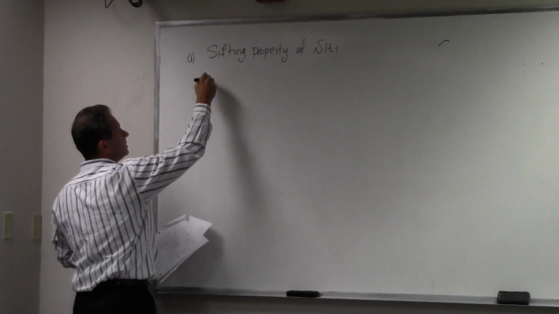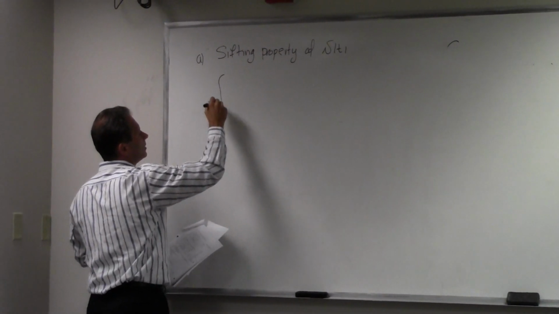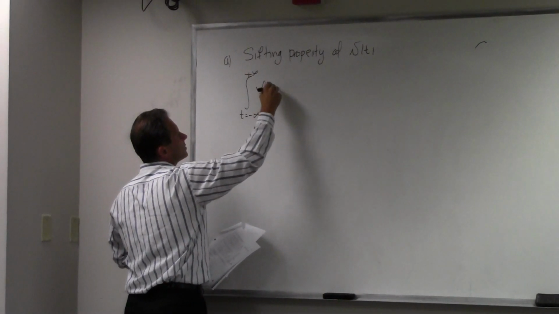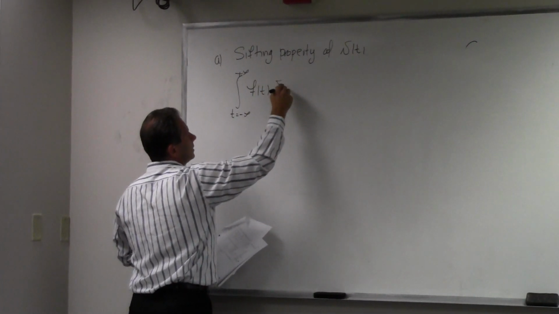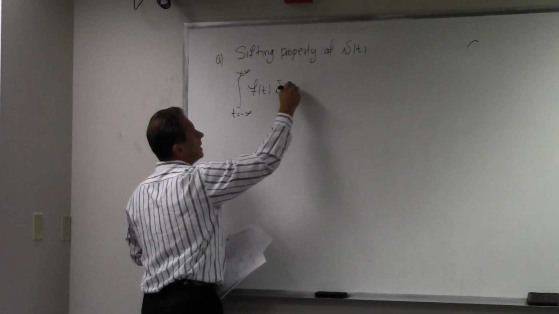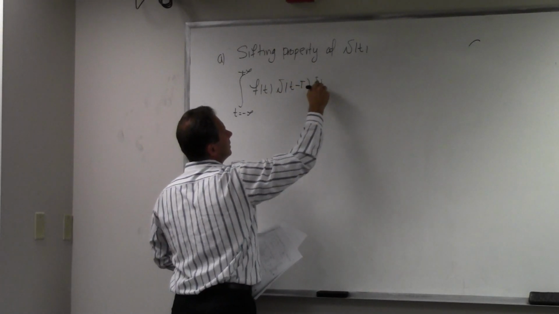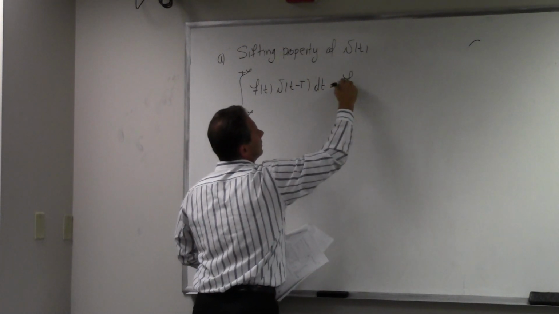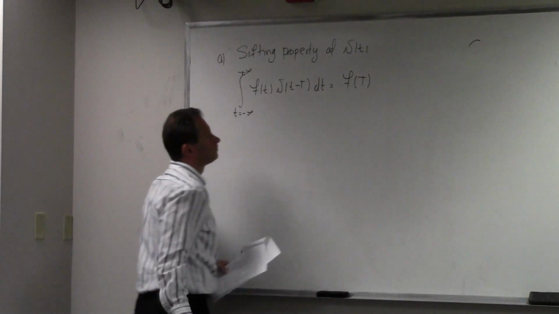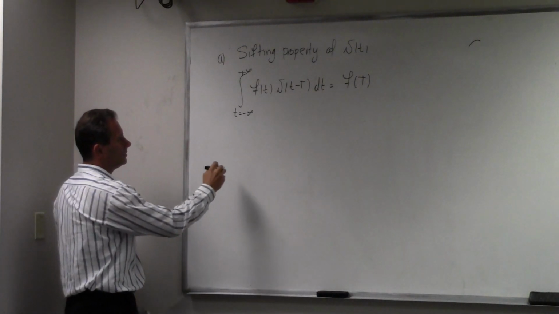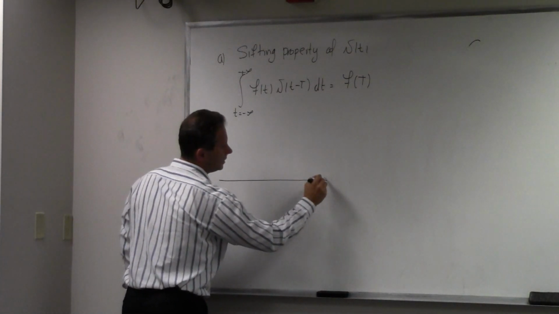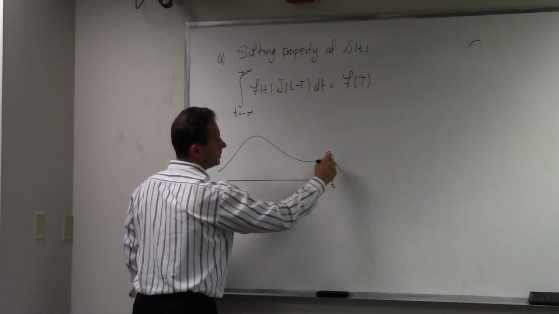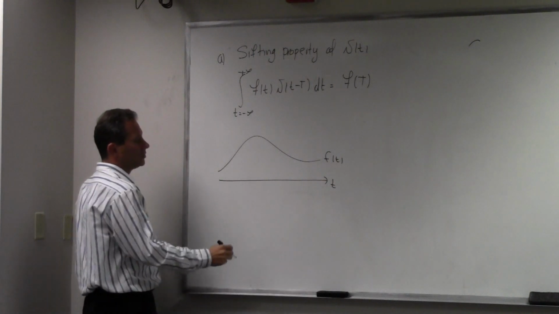And this property says this: if I take the integral when t goes from minus infinity to plus infinity of any function f of t times delta of t minus capital T, dt, I get f of capital T. What is it that I'm doing here? Let me just show you graphically. This is t. This is my function f of t, or signal f of t. I should always say signal.